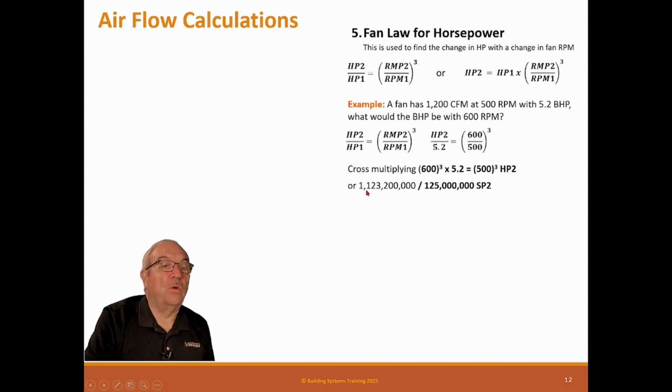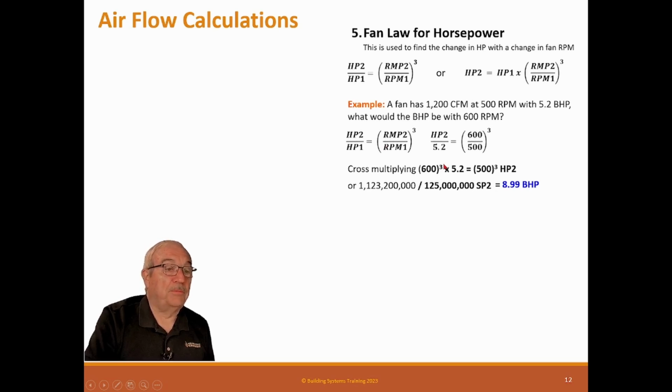So we get 1,123,123, big number, divided by 125 million equals HP2. Remember on your calculator, you hit the cube function, it's easy. It's 8.99 brake horsepower.